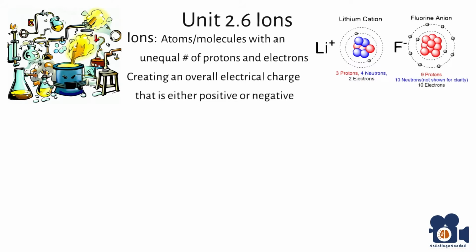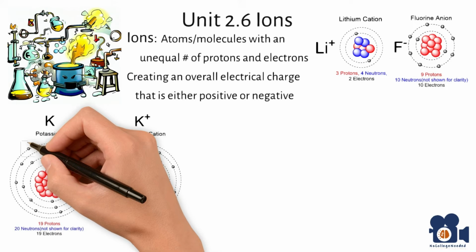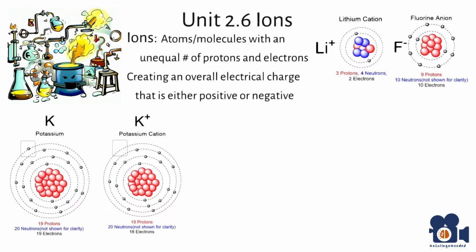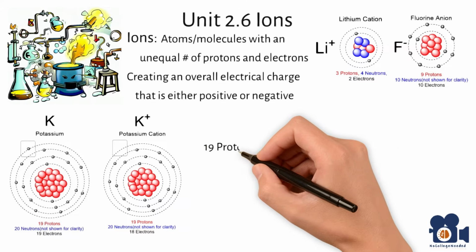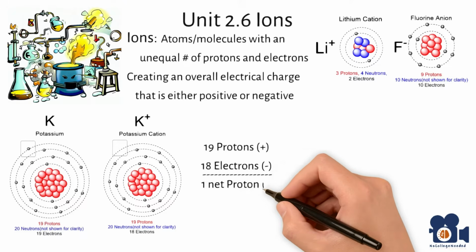To see how cations, positively charged ions, form, we can look at the potassium K atom. Potassium has 19 protons and 19 electrons, and quite easily loses an electron, we'll go over why in the upcoming units, to have only 18 electrons. Since there is a net additional 1 proton, the ion has a +1 charge denoted in the superscript.